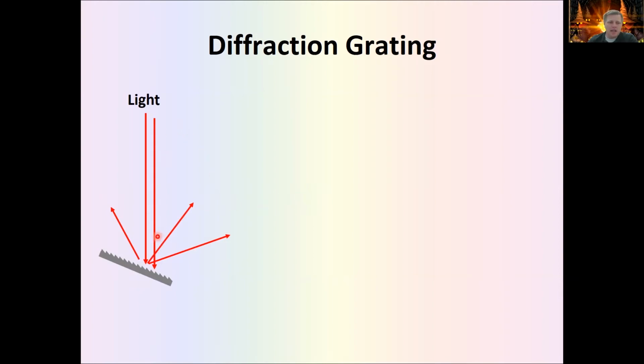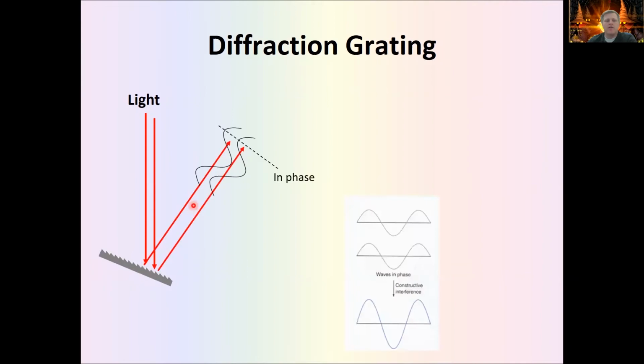And so at each of these grooves, you have light diffracting at each direction. But since you have grooves right next to each other, these grooves are all going to be diffracting light in every direction. And so at certain angles coming off of that grating, you're going to have light from different grooves interacting with each other and having their wavelengths in phase.